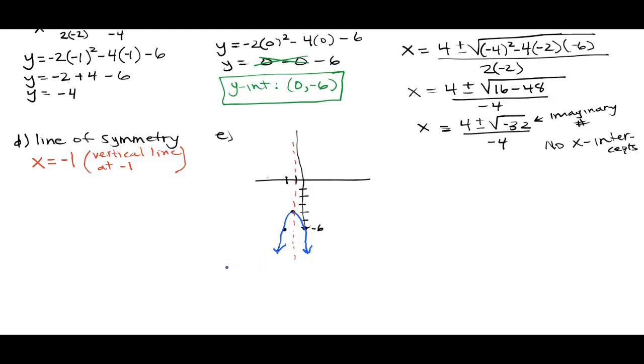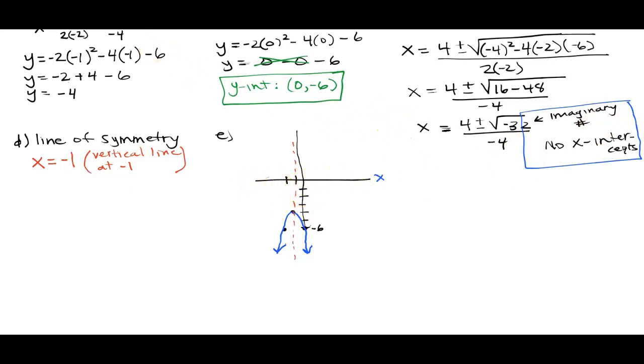Now, the reason why that became an imaginary number is because look, this is never going to cross the x-axis, right? There are no x-intercepts because it's an upside down parabola that's already below the x-axis. So there can't be any x-intercepts.